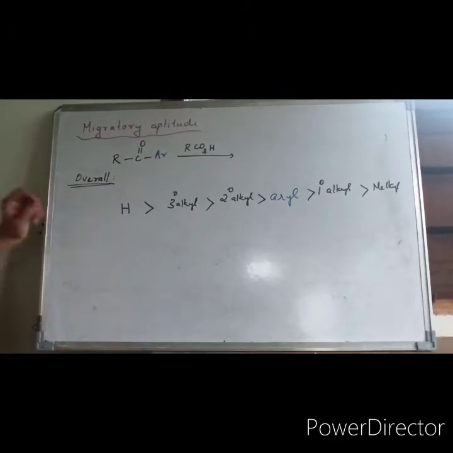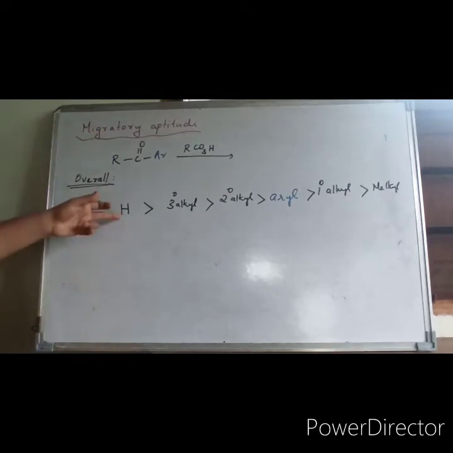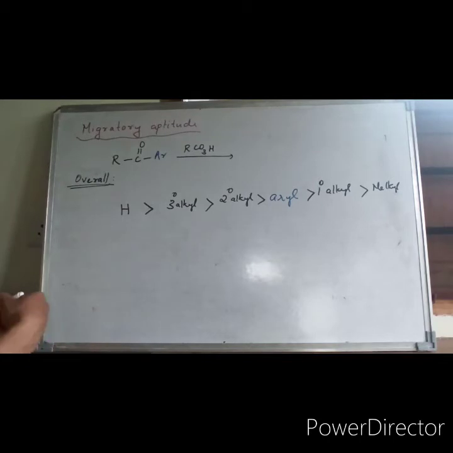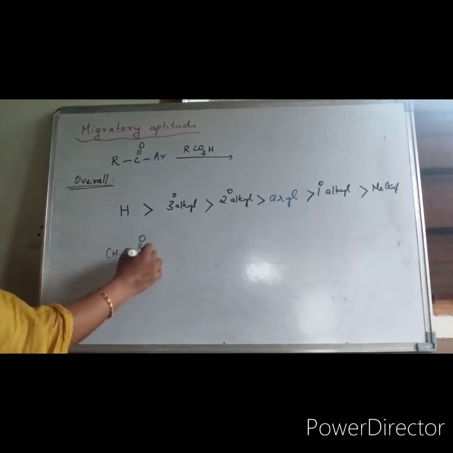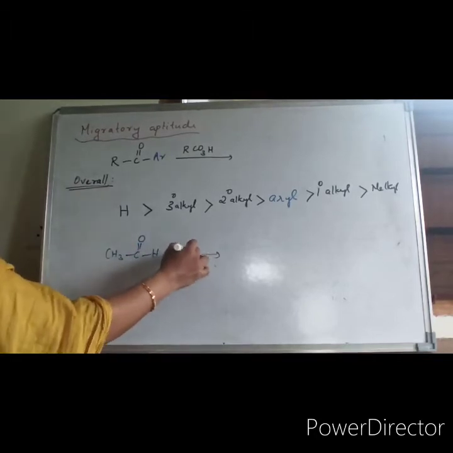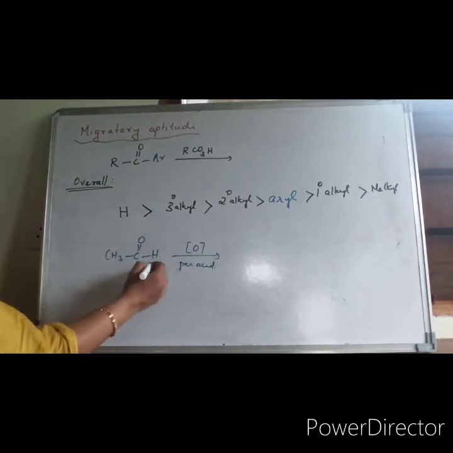The overall migratory aptitude, if you are seeing for different groups, hydrogen will be high. Whatever groups are present over here, if you have hydrogen over here, that will be migrating. So hydrogen will have greater migratory aptitude. If you are writing an example, suppose you have CH3 C double bond O H, and if you are doing Baeyer-Villiger oxidation using peracid, this hydrogen will be migrating.